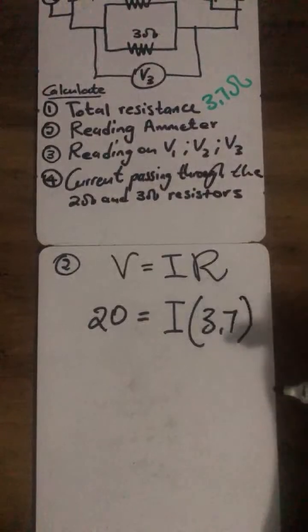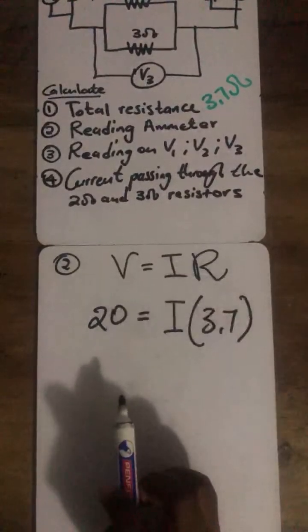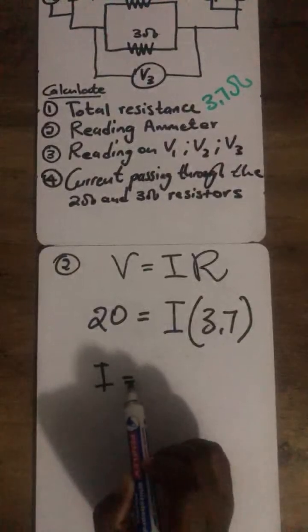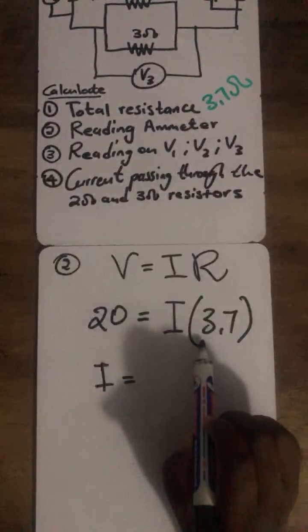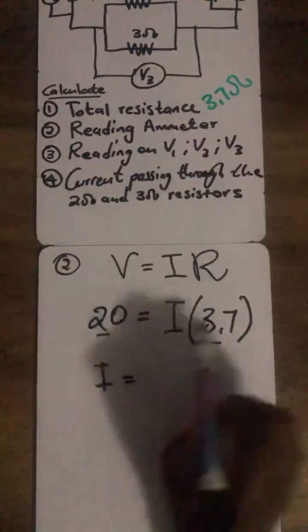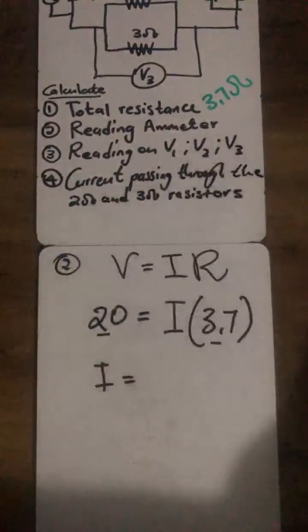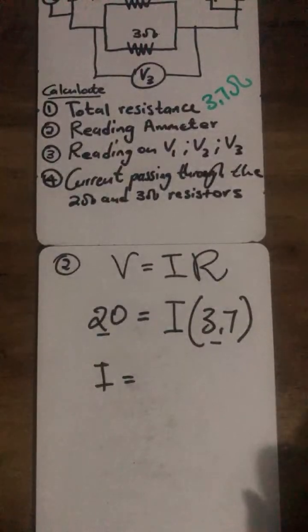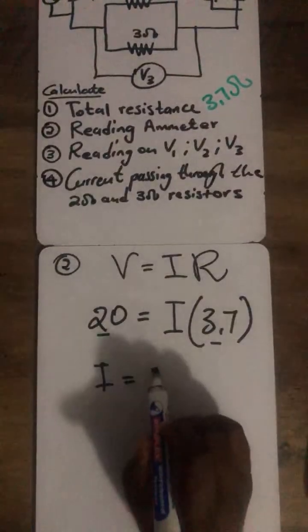Already you have the resistance of the external resistor. So the I that you're looking for, you will divide on both sides by that, so that it cancels, and then you have 20 divided by 3.7, which equals 5.